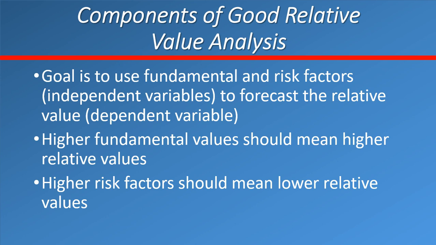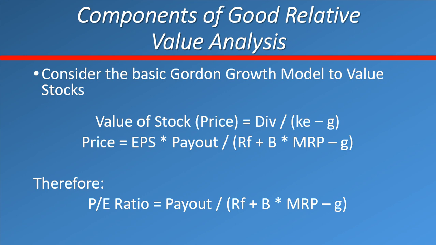Higher fundamental factors should mean a higher price relative. Higher risk factors should mean lower relative values. And we can see this in the dividend discount model, what we call the Gordon growth model. We said that the value of a stock, the price of a stock, should be its dividend divided by its discount rate minus growth.